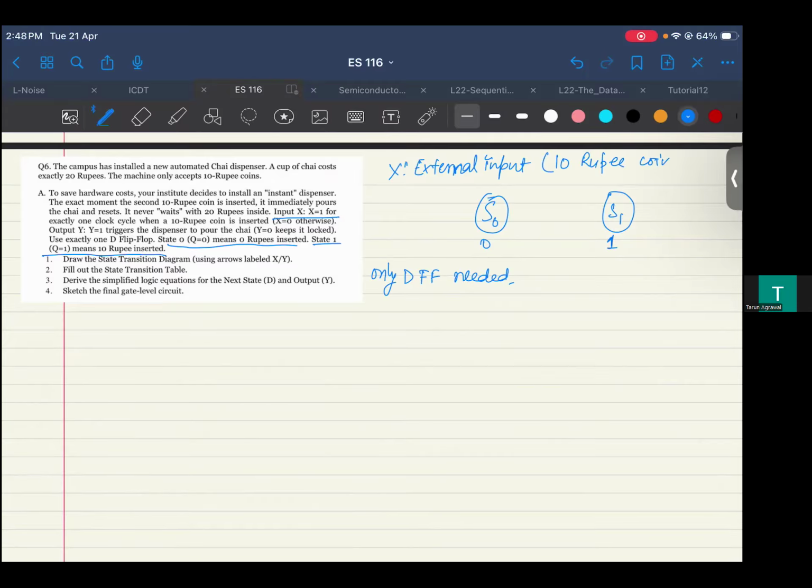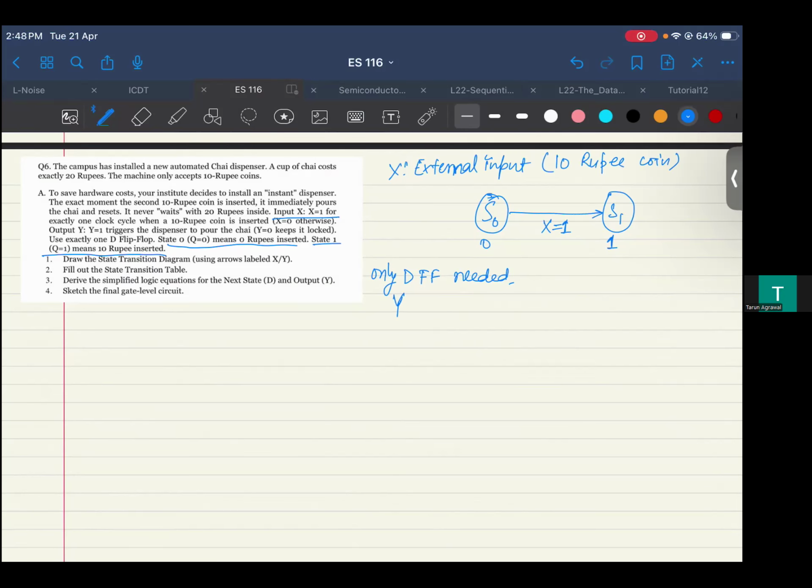If a 10 rupee coin is inserted, X is 1, and we go into the next state. But what is the output? There is also an output Y, the action output.